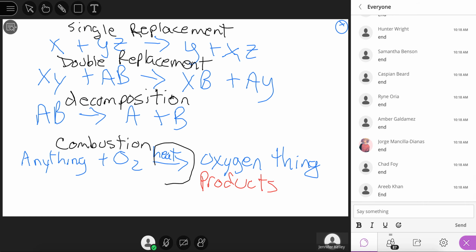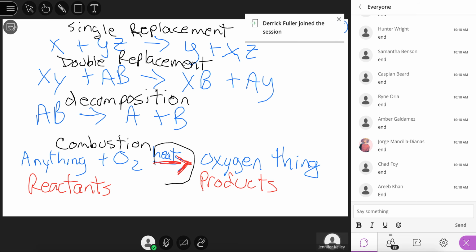So the products are at the other side of the arrow, right? And so the things that react are basically reacting things, but it's called reactant, or reactants, if you have more than one. All right. So reactants on the left of the arrow, products on the right of the arrow.